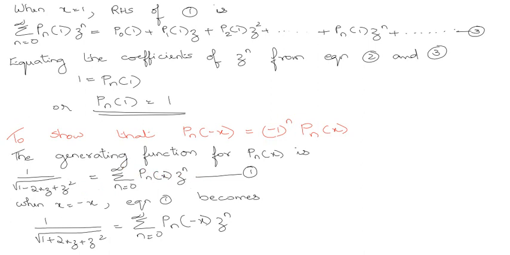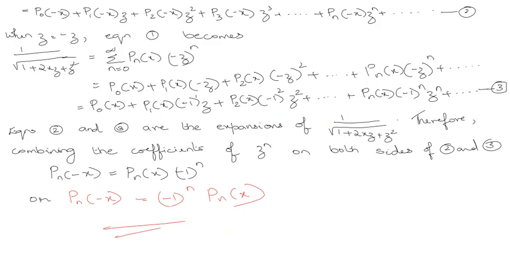When x is replaced by minus x, this equation number 1 can be written as 1 by square root of 1 plus 2xz plus z square. Here instead of x we need to write minus x. So the RHS will now become sigma n equals 0 to infinity Pn(minus x) into z raised to n.